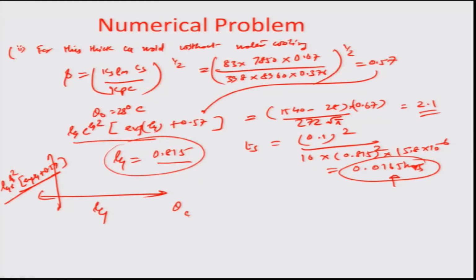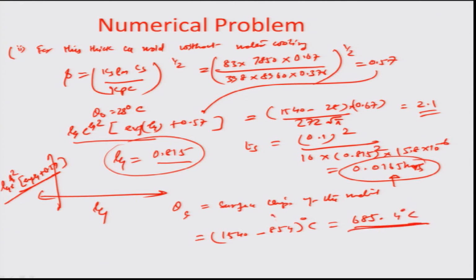or theta S, the surface temperature of the metal, this can be estimated as 1540 minus 854 degrees Celsius, that is 685.4 degrees Celsius. So that is what the value would be for the surface temperature of the metal in this particular case.